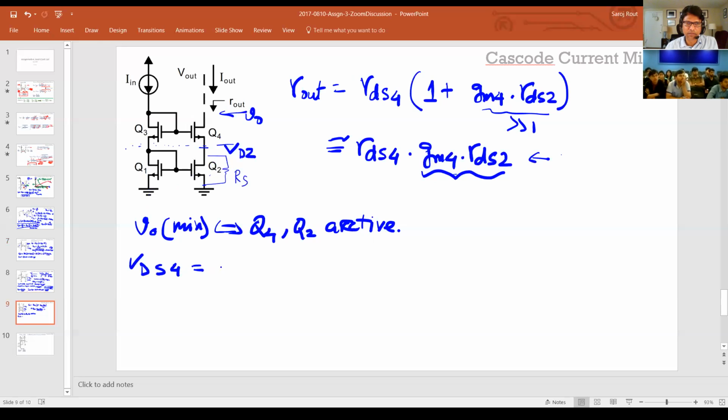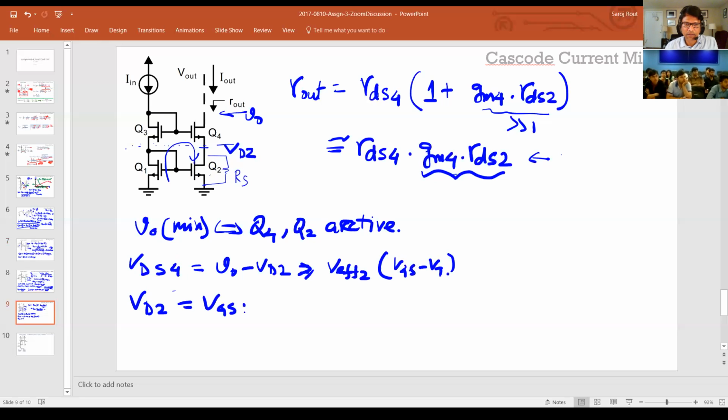VDS4 is nothing but V out minus VD2, right? And you want this to be greater than or equal to V effective 4, which is basically VGS minus VT. Now this node voltage VD2 is nothing but, if I write the KVL around this loop here, VGS1 plus VGS3 minus VGS4.